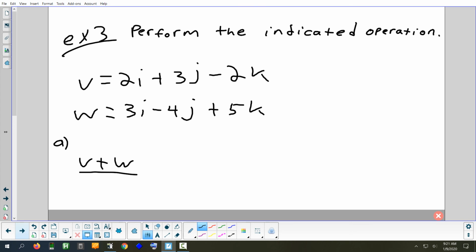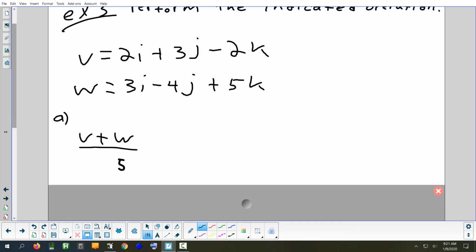Yep, and what would that be when you add it up? 5i. Here's my x-axis. Madison, how about my next component, my y-axis? 3 minus 4. Yep, and that would give me -1, and what goes with it? J. So -1j, I'm just going to write -j. So there's my y-axis part.